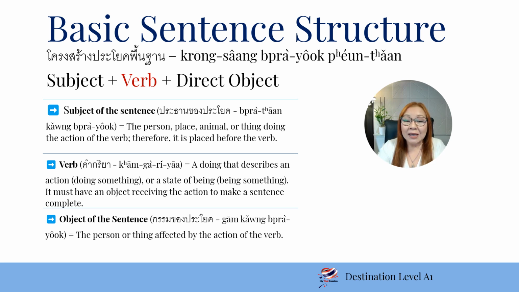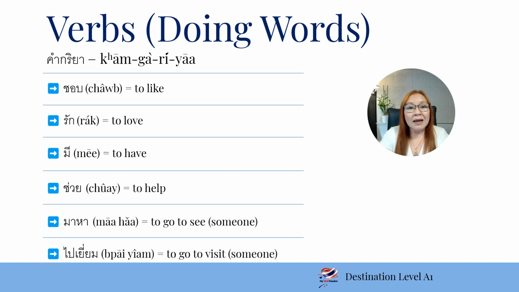But before we get into some sentence examples, let's learn some verbs. So here are some verbs for you. Verbs is known as คำกริยา. Again, what I'm going to do is say each word twice, tell you the tone and then say it again. And your job is to repeat and mimic the sound the best you can.